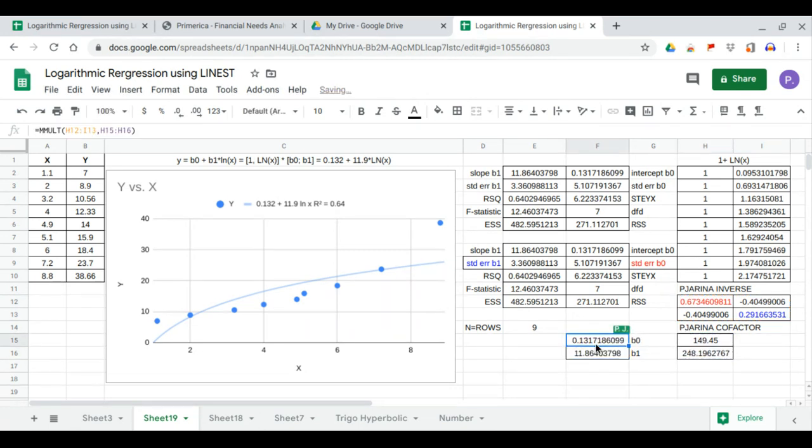So our answer for b0 is 0.1317, matching our LINEST output and the equation's 0.132, and 11.86 for b1 matches our LINEST output as well as our chart equation. This completes our LINEST function for logarithmic regression.